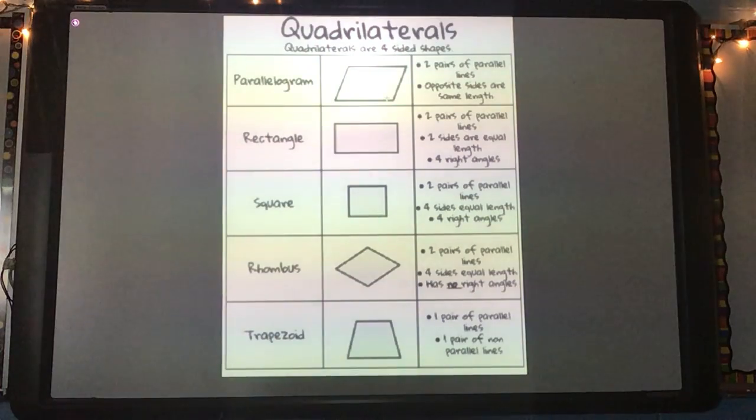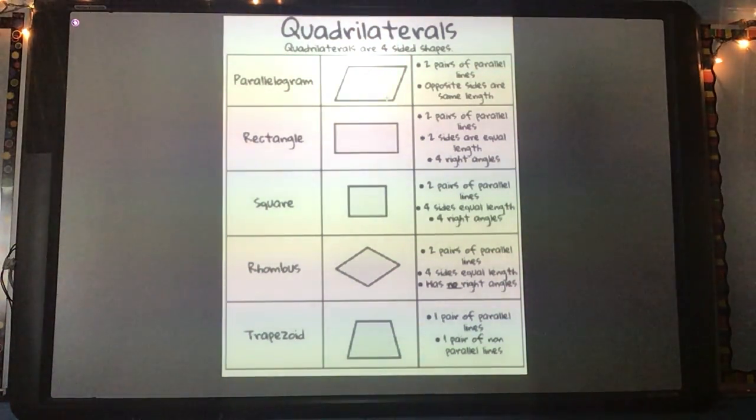Can anybody add to that? Aiden? They're equal. Are parallel lines necessarily equal? No, but equal is its own word, a term we look at in classifying our quadrilaterals, as in whether sides are equal.